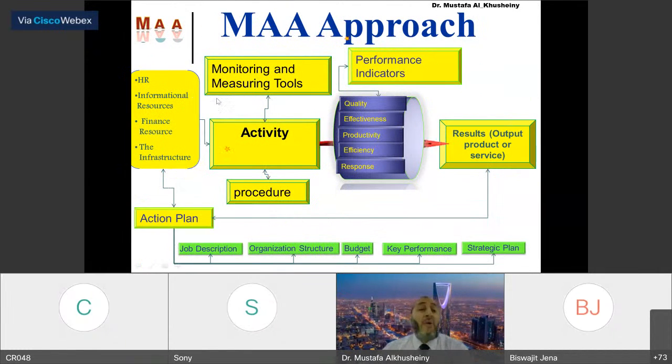Now, from the view of my approach, any inputs will not be out of the 4 types of resources. These 4 types of resources are the human resources, informational resources, financial resources, and the infrastructure.